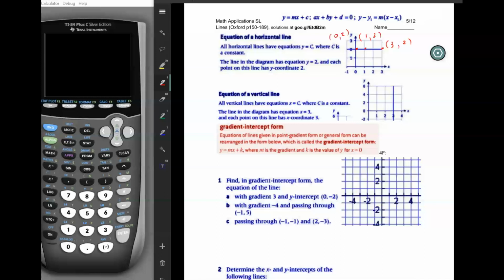Okay, and it turns out that the equation for a horizontal line is y equals 2, because basically what that says is x is anything, because we don't even say what x is, and then we say that y always has to be 2. So that is the definition of a horizontal line. A little bit tricky because horizontal lines are parallel to the x-axis, but the variable that appears in the equation is y.